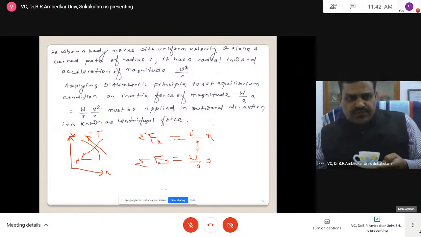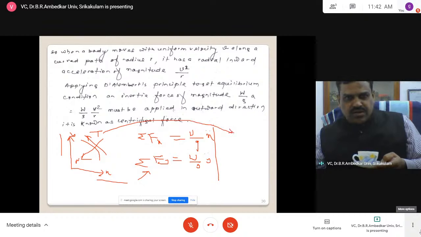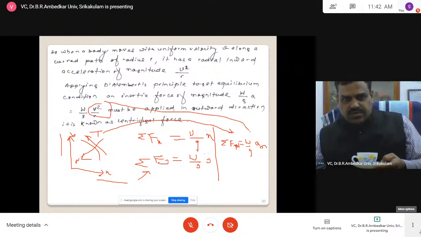If you resolve the forces in x direction and y direction, these are the equations. Suppose we are resolving forces in normal and tangential, in that case, sigma F normal, or otherwise capital N, is equal to W by g into normal acceleration.